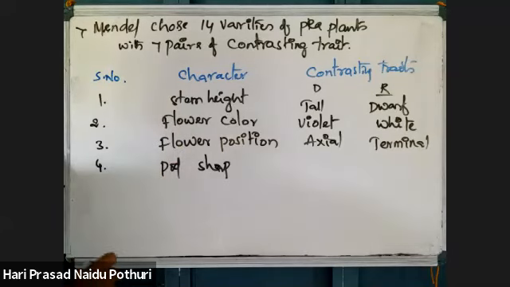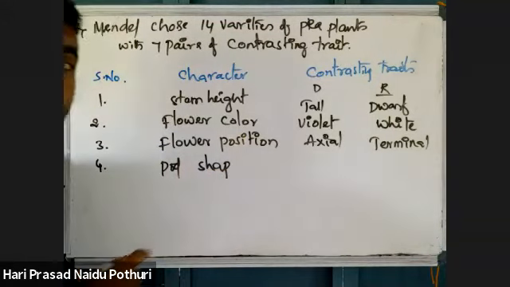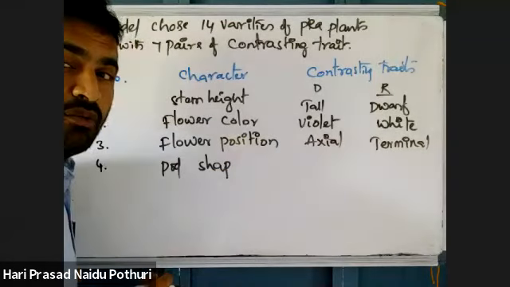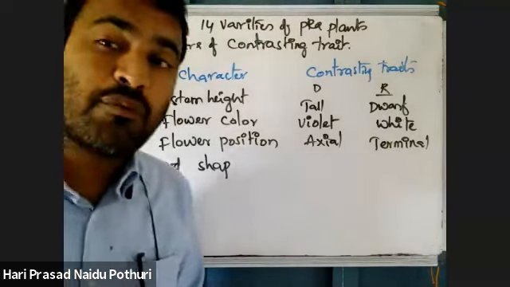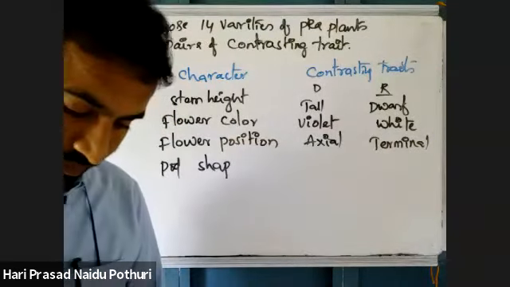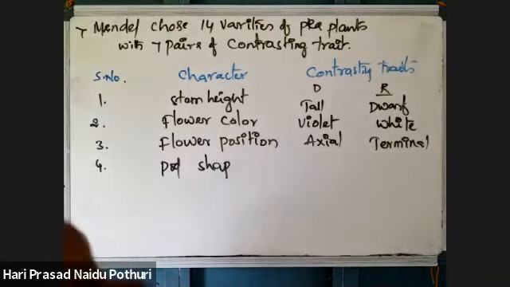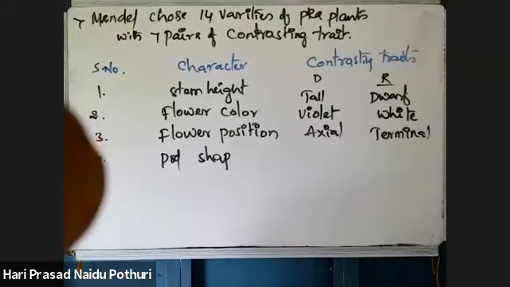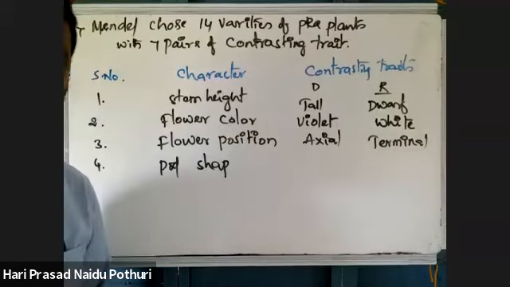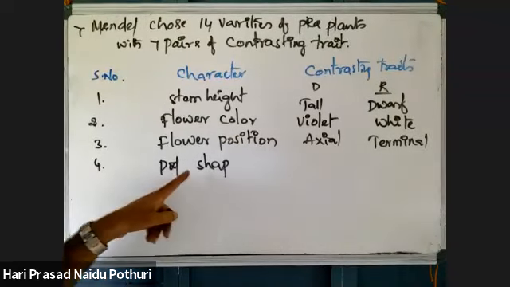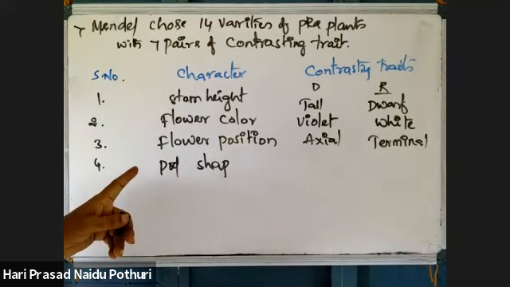In the pea plant a fruit will form. What is the type of fruit formed in this pea plant or Arachis hypogaea? Legume, yes. A legume fruit is also called a pod.